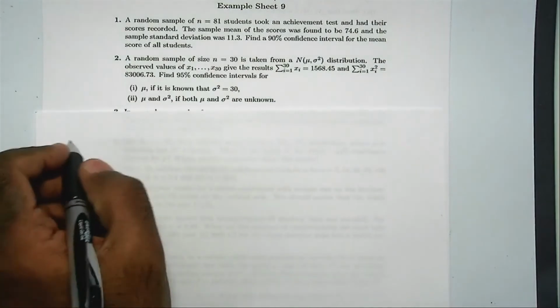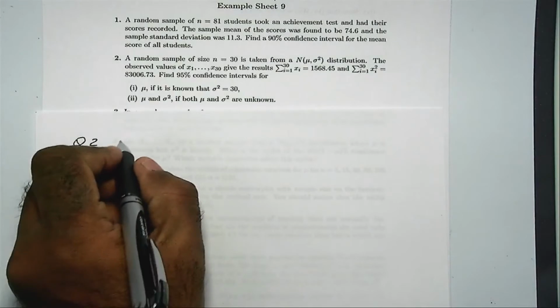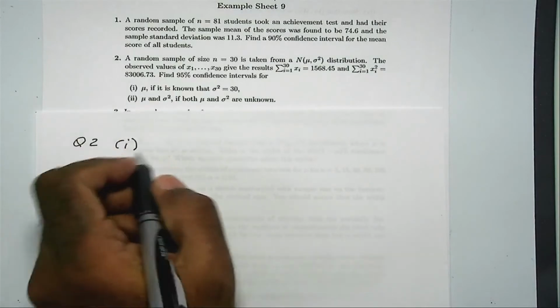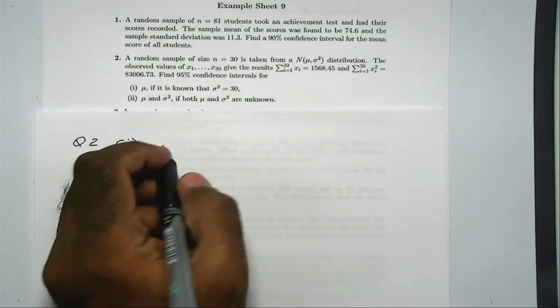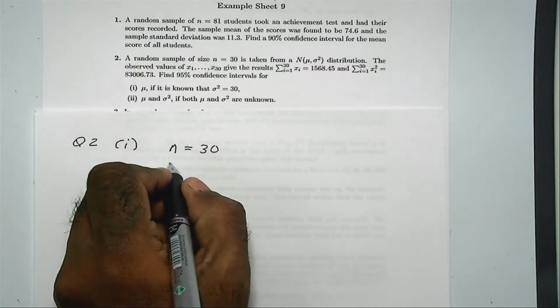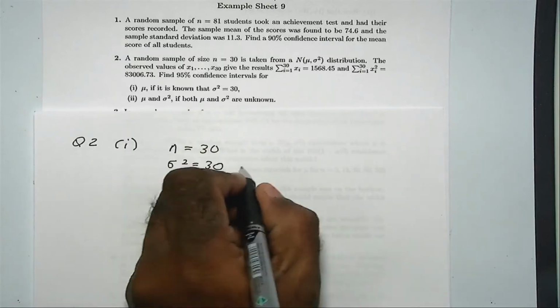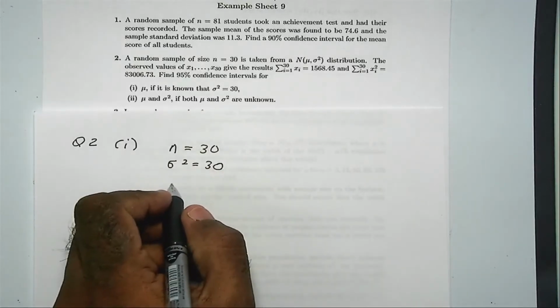So question 2, part 1. Let's write down what we have. We have n equal to 30. We have sigma squared equal to 30, so sigma is the square root of that.